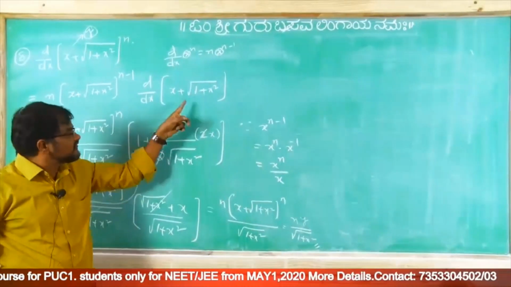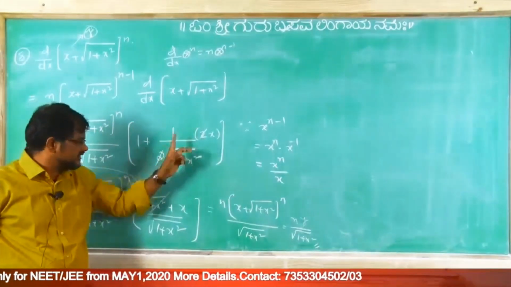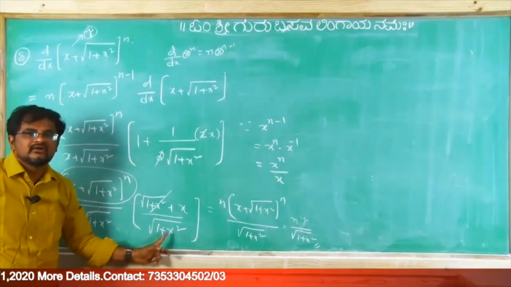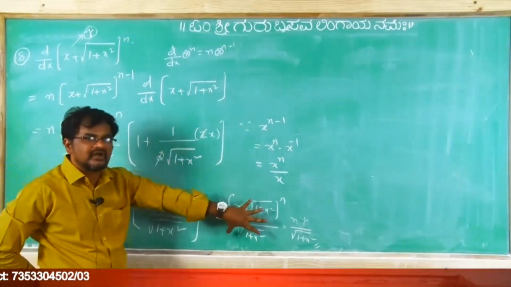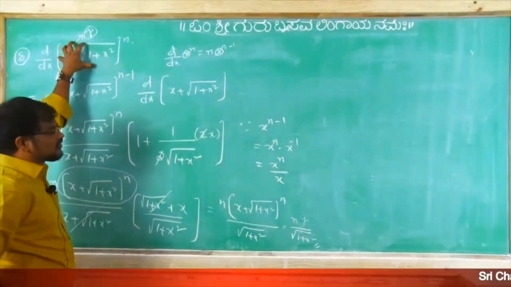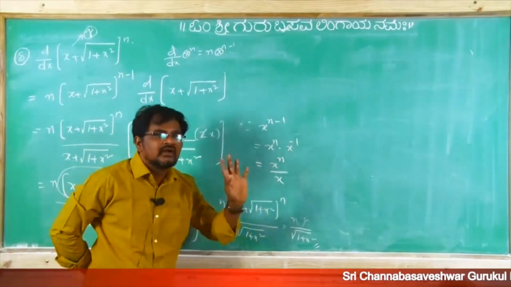And differentiation of 1 plus x square is what? 2x. Here 2 gets cancelled. If you take the LCM, root of 1 plus x square plus x by root of 1 plus x square. Now these two get cancelled, so this part is remaining, that part is our answer. Suppose if they give this, if y equals this one, you can replace that y equals to what? n y. So n y by root of 1 plus x square.